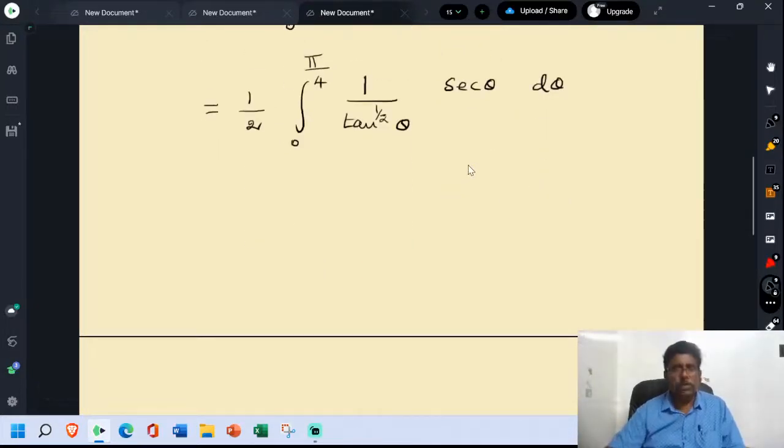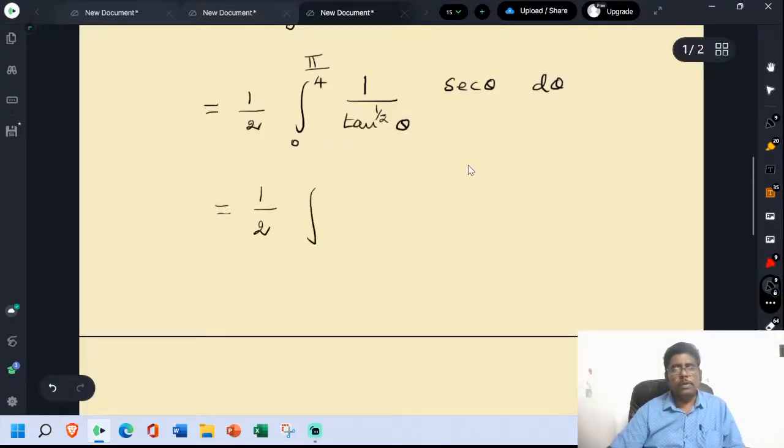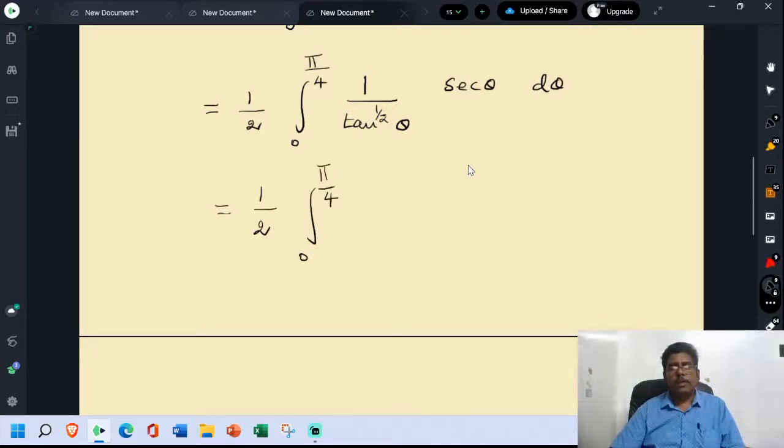This is equal to 1 by 2 into limit varying from 0 to pi by 4. Tan theta equal to sin theta by cos theta.